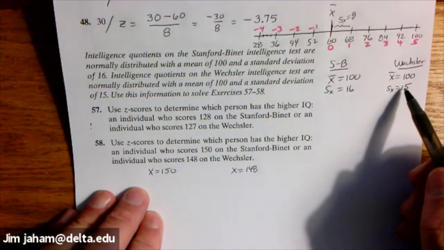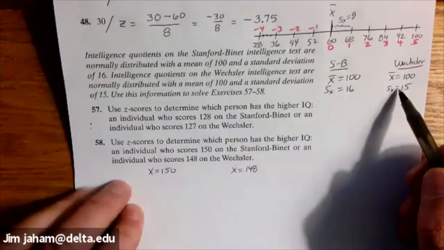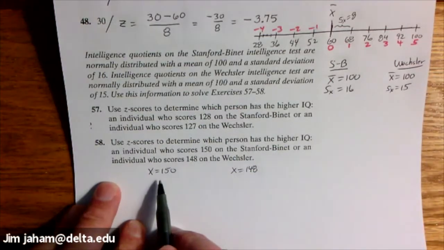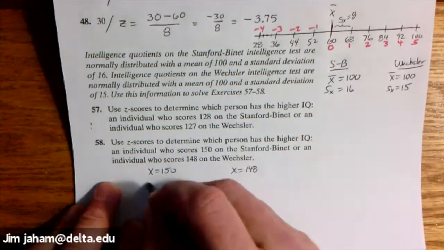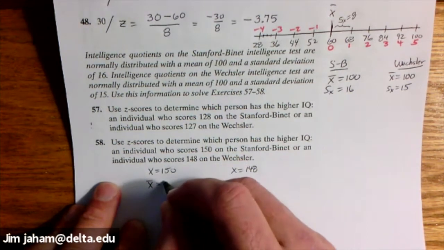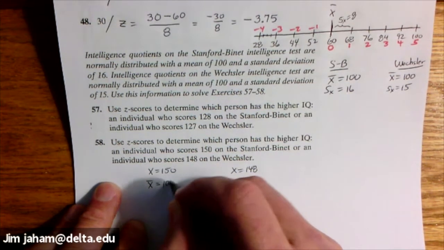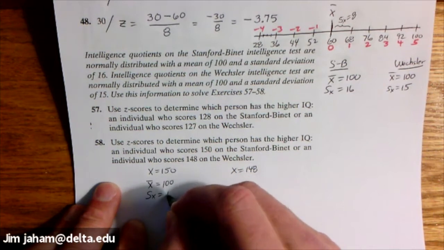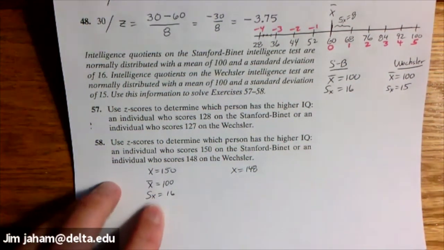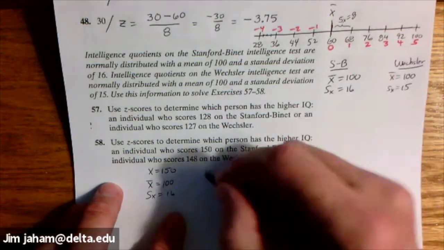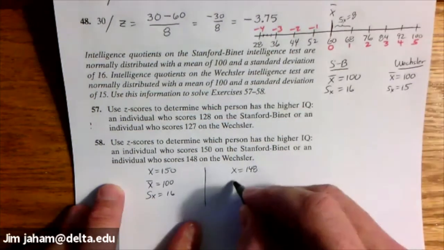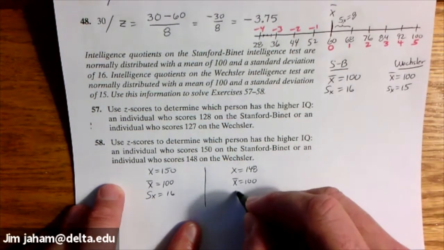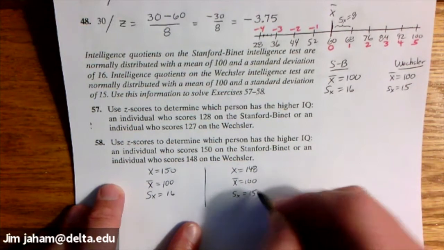So the way that we're going to decide who has the higher IQ is we're going to calculate the z-score for each one of these different scores on the two different IQ tests. For the 150, we're using the Stanford-Binet, where the mean is 100 and the standard deviation is 16. And the 148 is on the Wechsler test, where the mean is 100 also, and the standard deviation is 15.